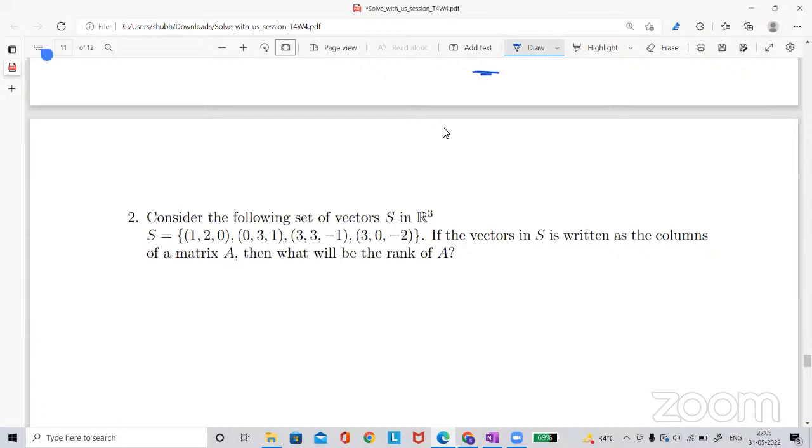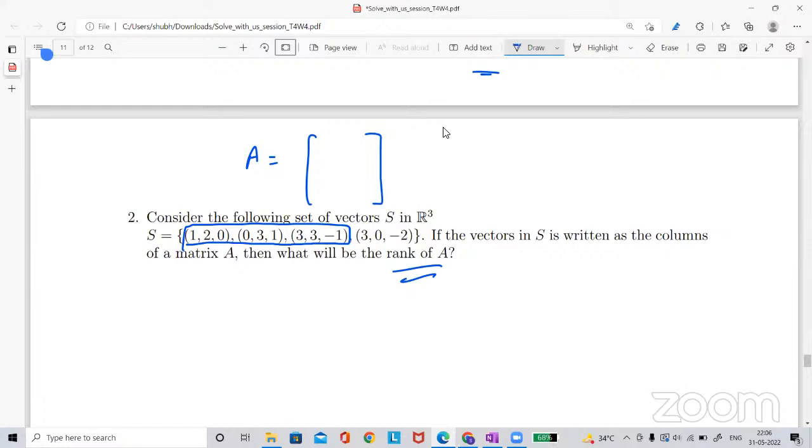Let's do this one. And rank. What is the use of rank? Suppose you have vectors here. Suppose only you are using these 3 vectors. You form a matrix A using these 3 vectors, and you calculate the rank of this matrix.